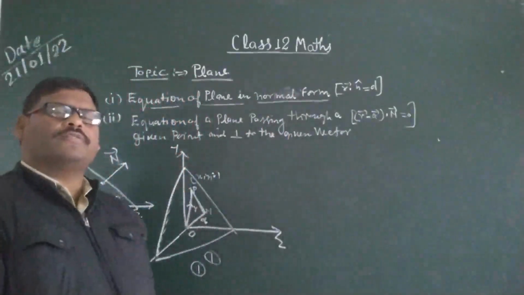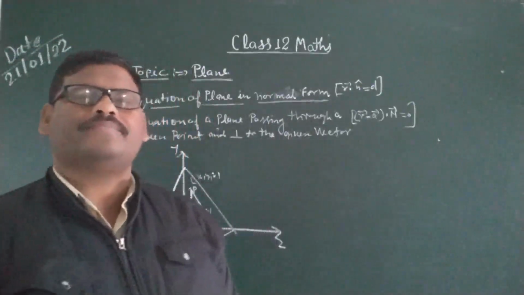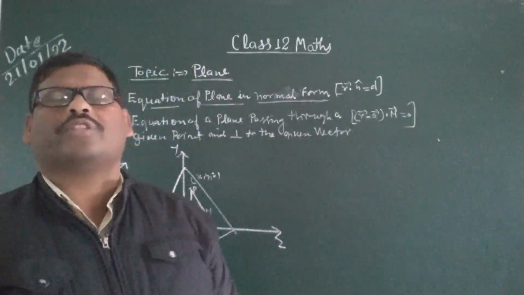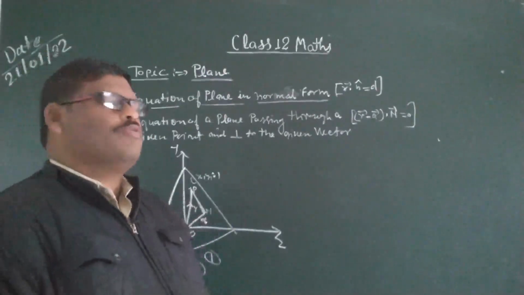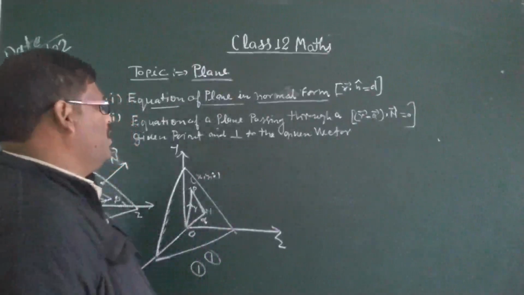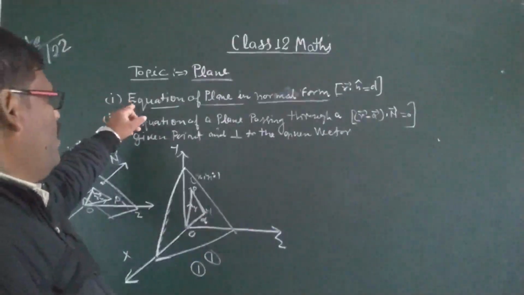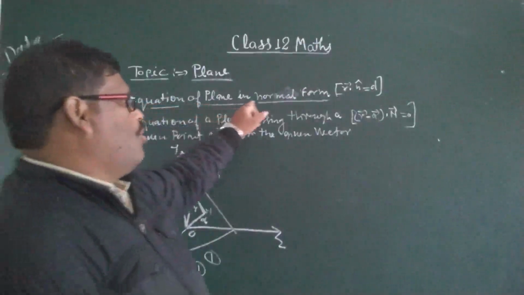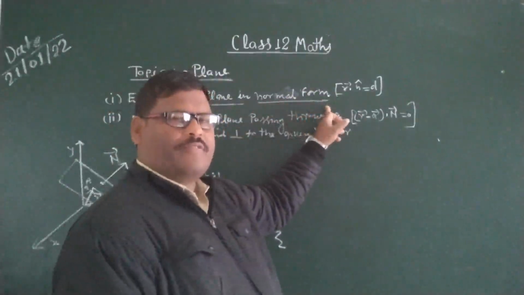And third condition, the equation of the plane passing through three non-collinear points. But today we shall discuss only two of them. That is, the equation of a plane in the normal form. How can we find the equation of the plane in the normal form?